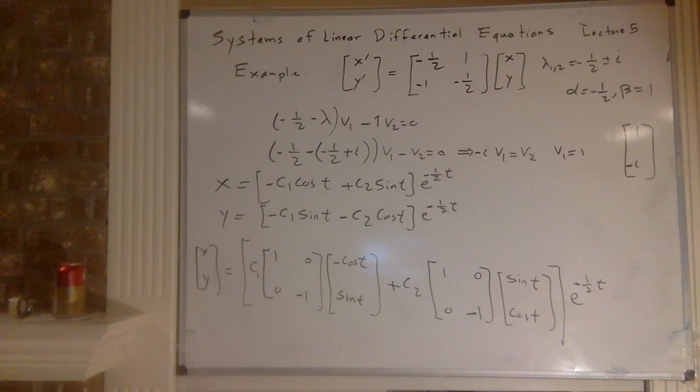Yeah, okay, so one of them is cosine t, sine t, the other one is minus sine t, cosine t.